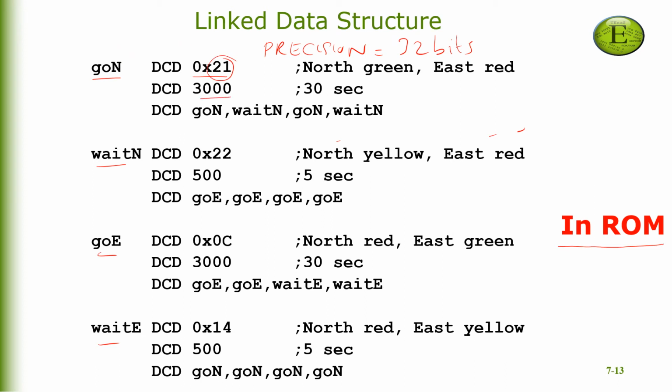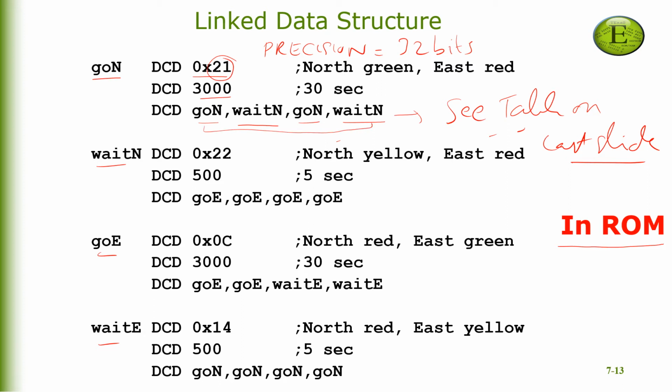The wait time in seconds, and then the sequence in which the new states can be reached from the current state. Again, see the table, the last slide. In fact, we have replicated the order in which the states appeared over here, and these are going to go into the ROM.